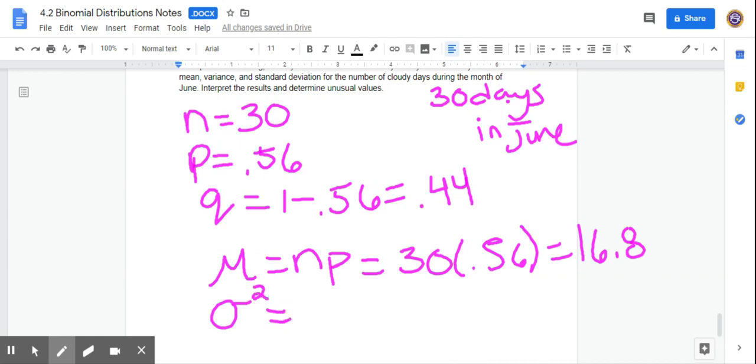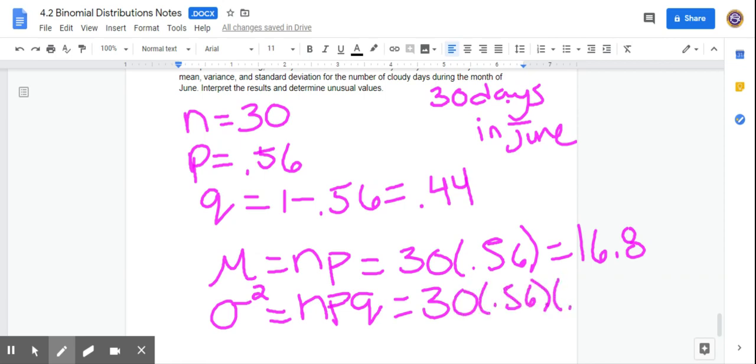For our variance, that is n times p times q. That is 30 times 0.56 times 0.44. Going off the screen here, we get 7.392.